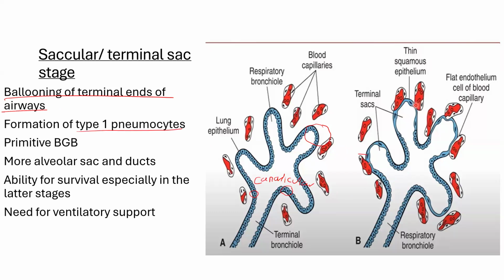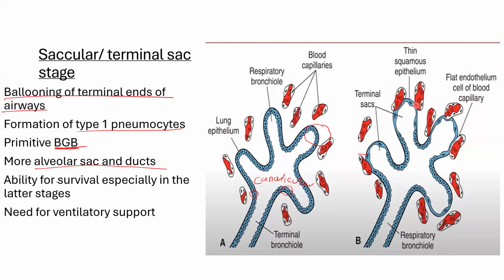And occasionally, the type 1 pneumocytes make contact with the capillaries to form a primitive blood gas barrier. Okay, so more alveolar sacs and ducts form also, and a fetus might survive.